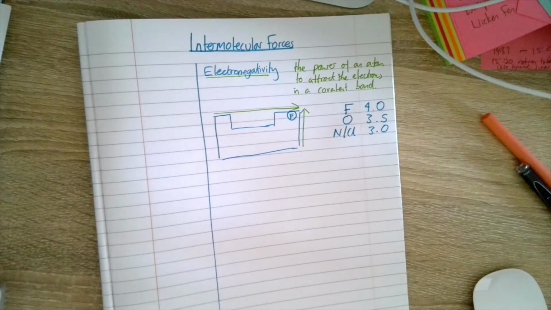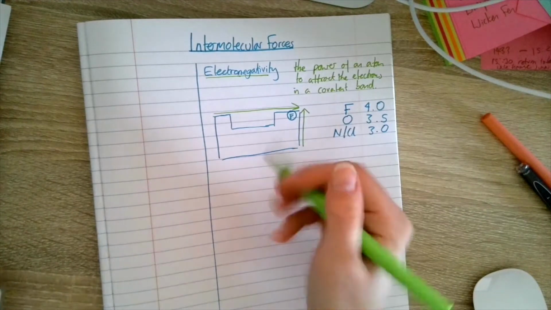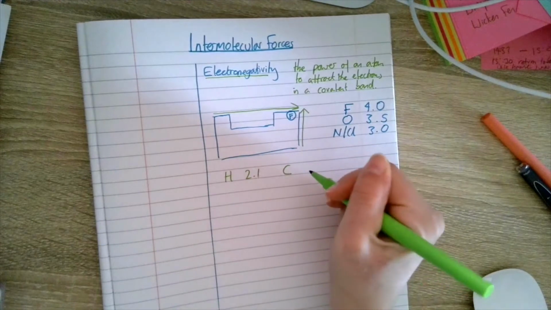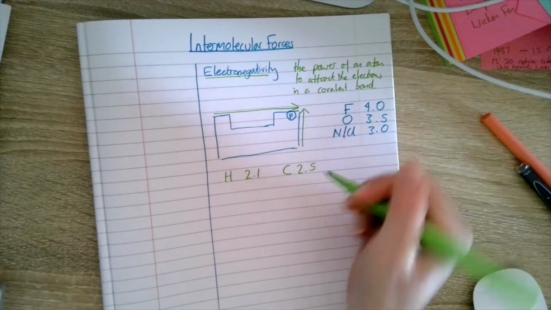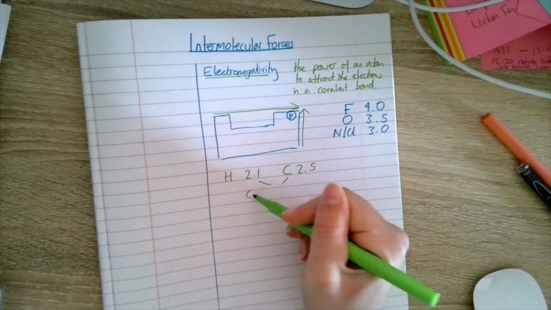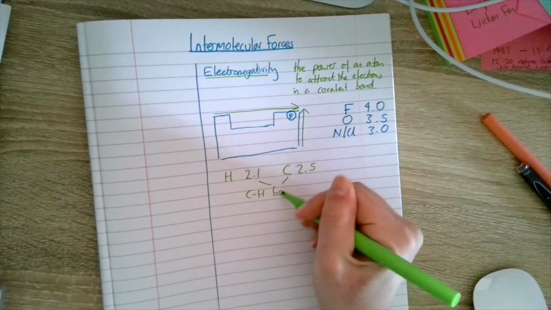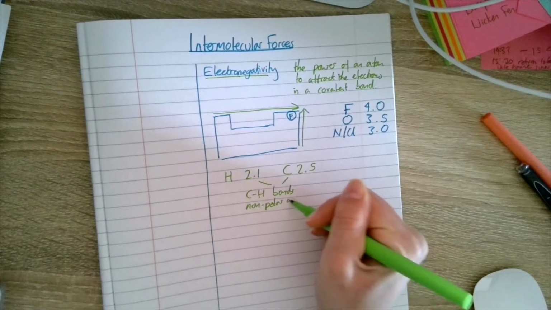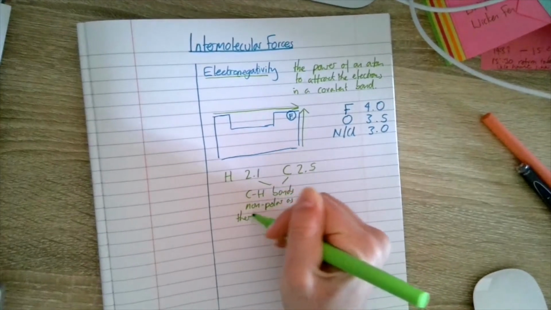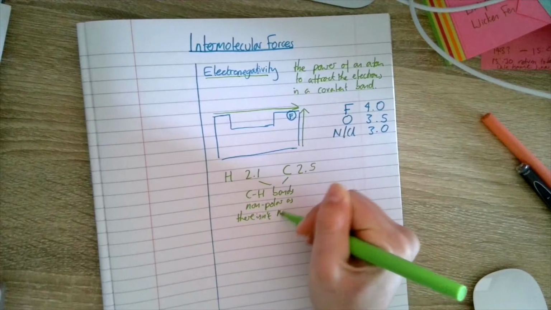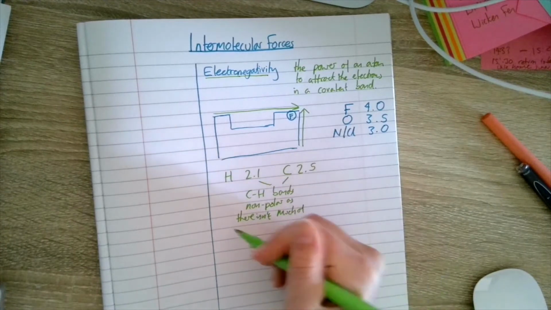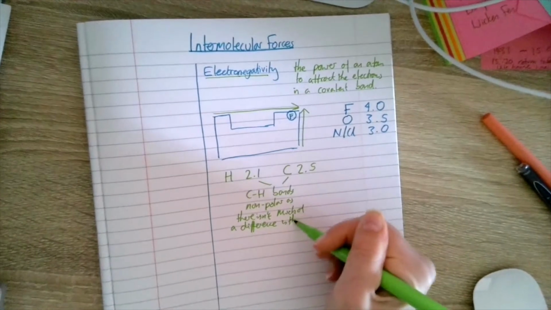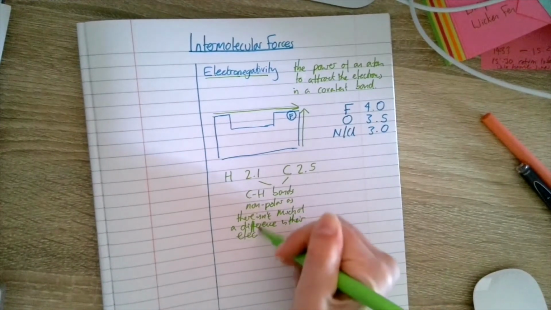A few key ones to note is that our hydrogen is 2.1, whereas our carbon is 2.5. So we would say that our CH bonds are non-polar, as there isn't much of a difference in their electronegativity.